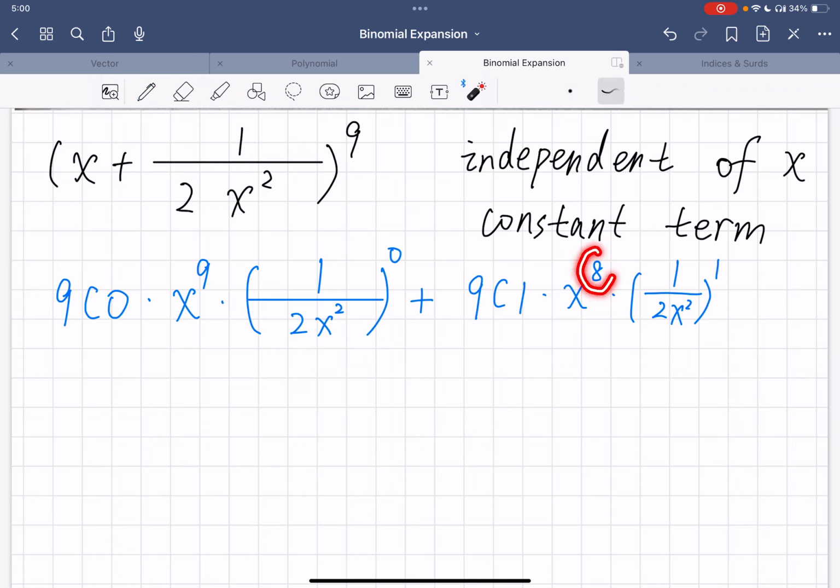Power of x is 8, plus power of b is 1, still equals 9. That's fantastic.